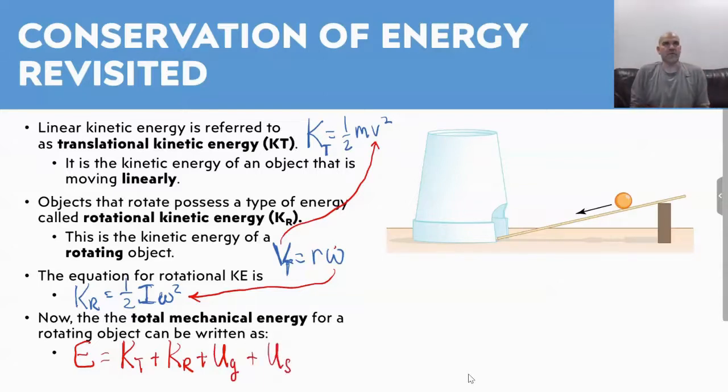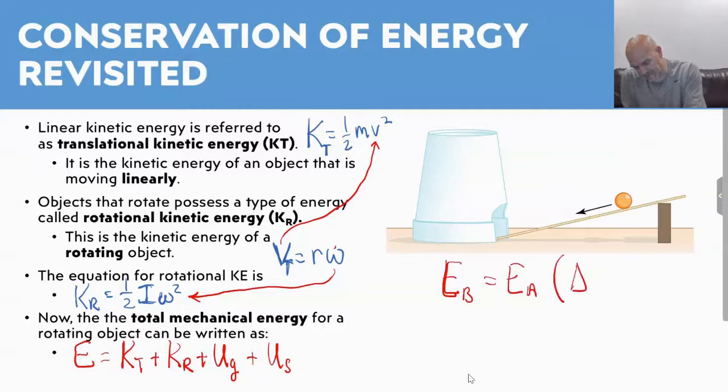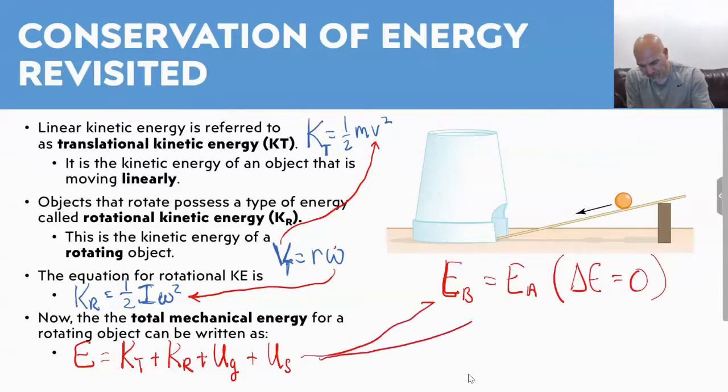So our total kinetic, or our total mechanical energy, plus our total potential energy. But again, conservation of energy does not change. It tells us that the energy before equals the energy after, or you may see it written as delta E equals 0, right? But you can then write this equation for E both times and just simply cancel out what you don't have, right?